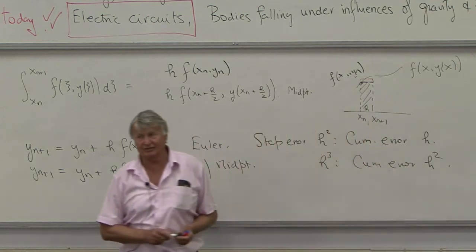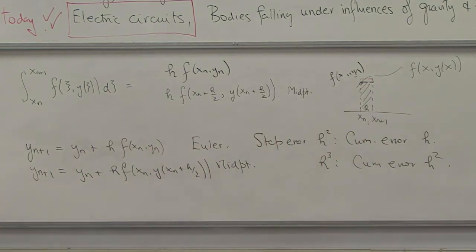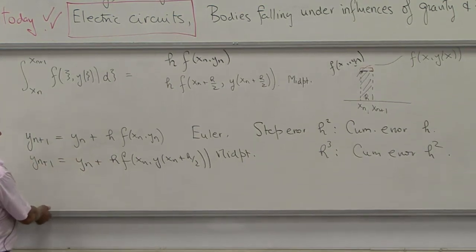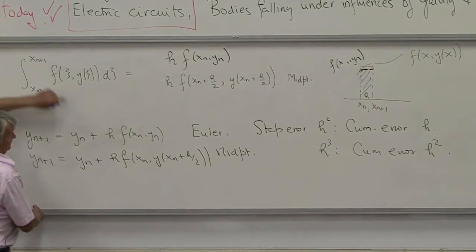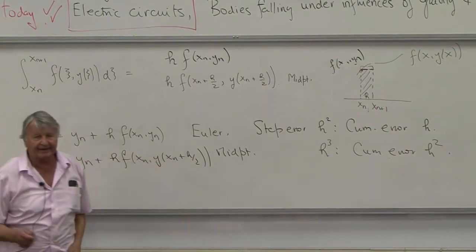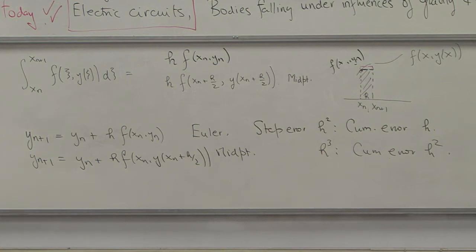So you're getting better, you see. If h is small, you get a much better cumulative error if you use this. But the trouble with the midpoint is I have to then get the y values at the half points. Can anybody think, what do we use?